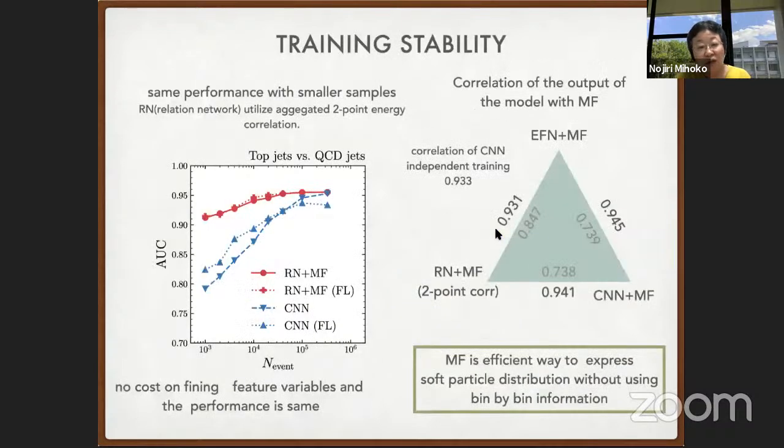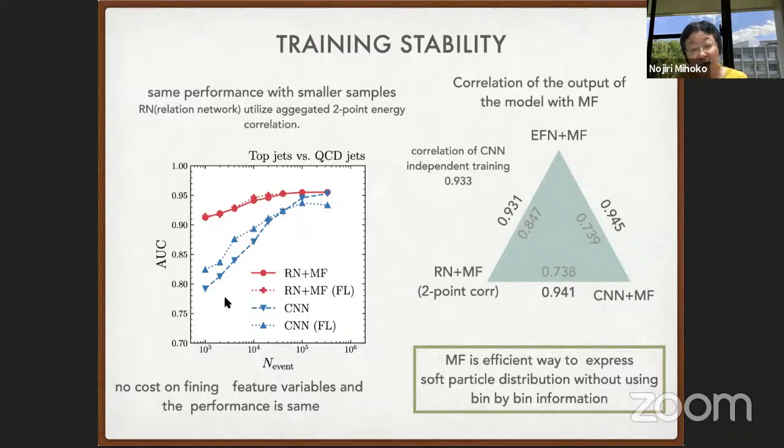So this means this Minkowski functional is a very efficient way to express the soft particle distribution without using bin by bin information. By the way, I can also tell you that this system converges much faster with a smaller number of events.